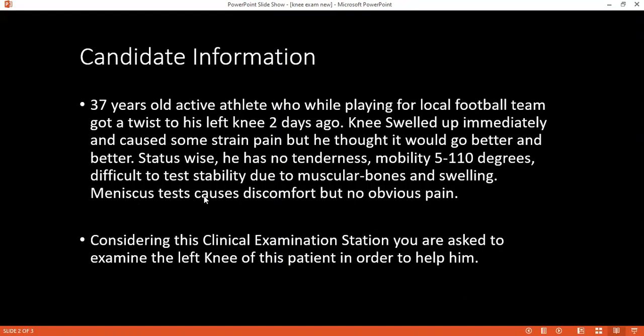Because it is causing discomfort but there is no obvious pain, what could be the possibility? Is there only ACL or medial collateral ligament as well? So how would you determine which tests to mention at the end with the positive results? I thought there was a little deficiency in that.